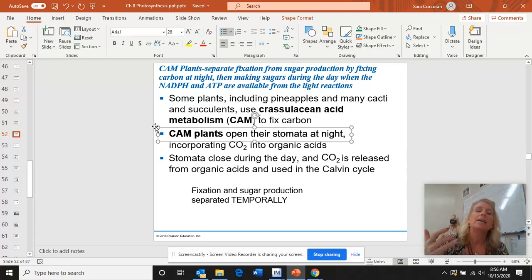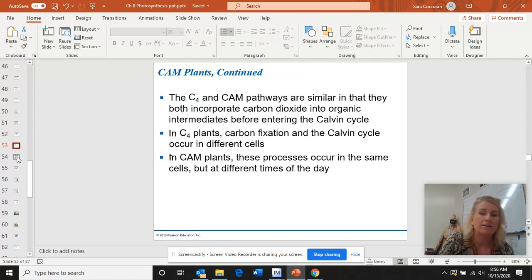So what they do is they open their stomata at night and they incorporate carbon dioxide into an organic acid. And then during the day, when their stomata are closed, they undo that incorporation, and that carbon is then used in the Calvin cycle. So they actually temporally, or by time, separate fixation and sugar production. You know, I like a picture way better than anything else.